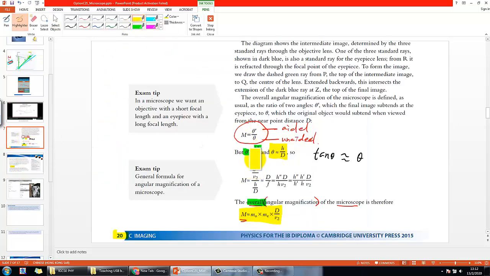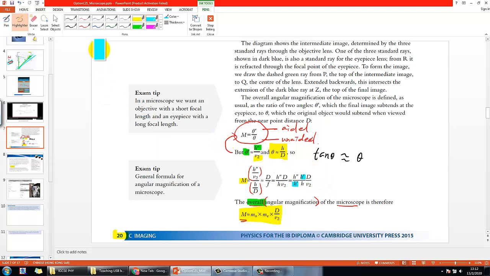So by simply substituting these two things back into the definition, you have this, and simply rearranging them, you can do a magic trick in mathematics, that is multiplying by h prime divided by h prime, which is 1, so you can always do that.